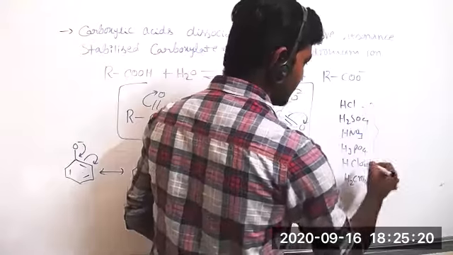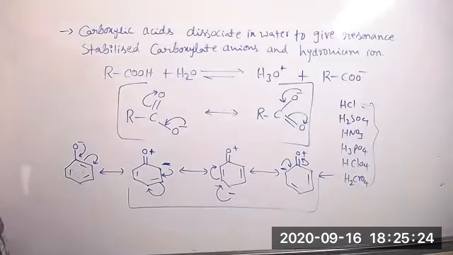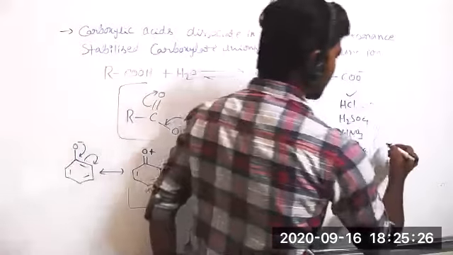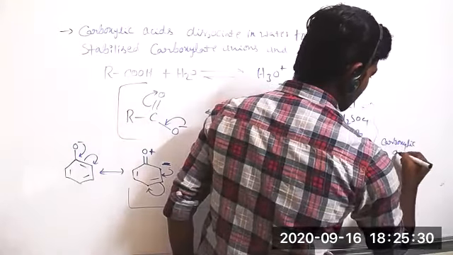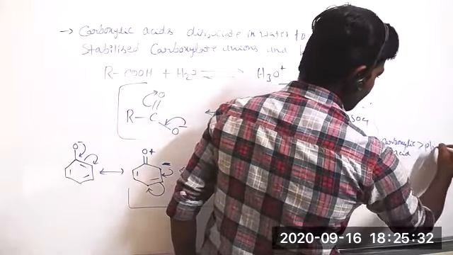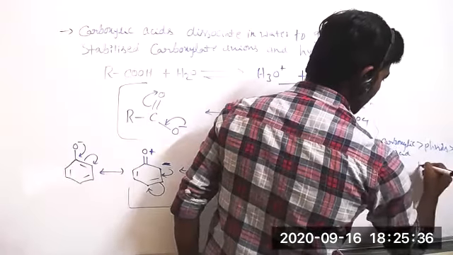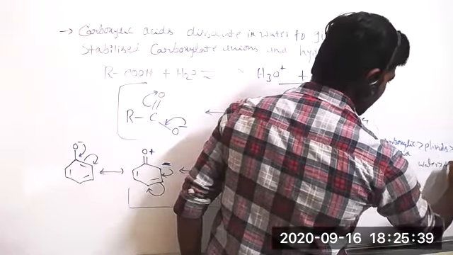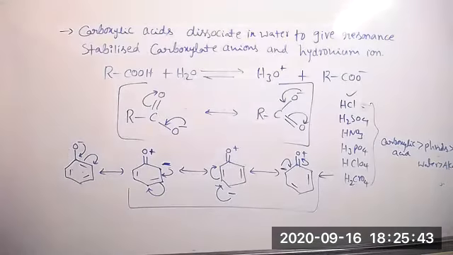We call those mineral acids, and they are highly acidic. Then carboxylic acids, after that phenols, then water, and least acidic are alcohols. So among the given organic substances, the more acidic ones are carboxylic acids only.